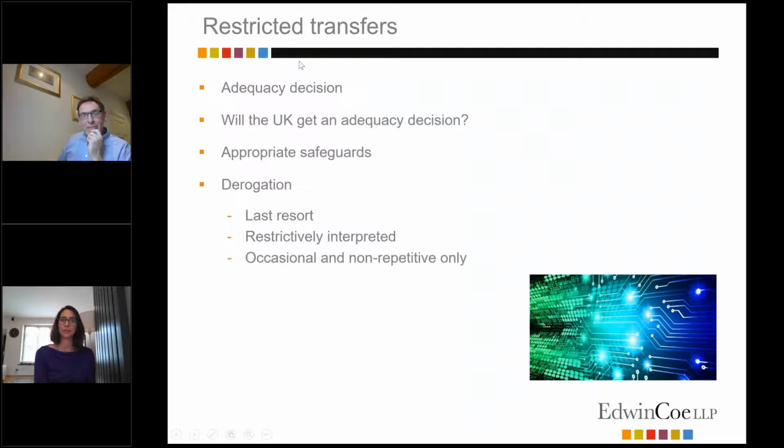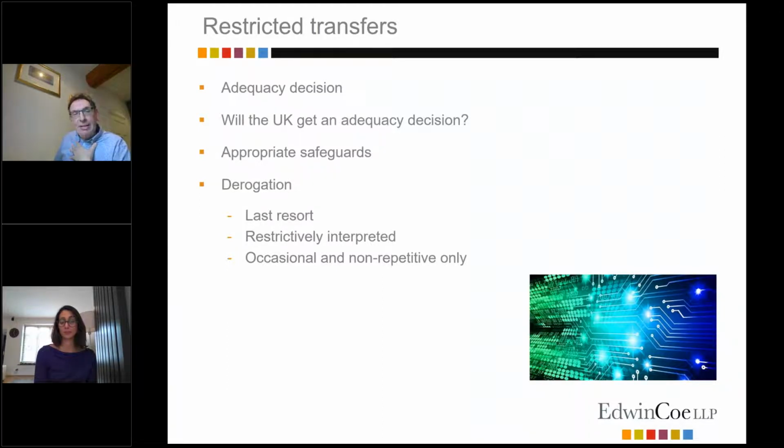Now, obviously, this would be very much simpler if the EEA or if the EU recognised the UK as having an adequate level of protection. And this is the area that may well change depending on whether the UK and the EU end up doing a trade deal. And this is a slight bit of speculation, but it's speculation that a lot of people seem to share.